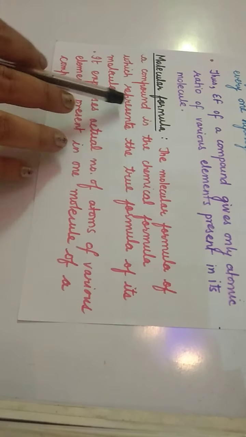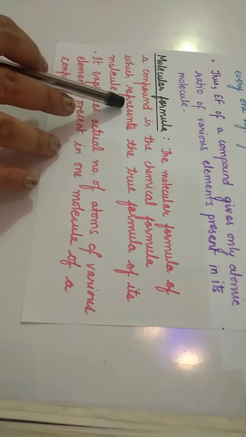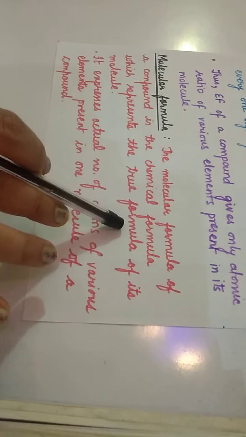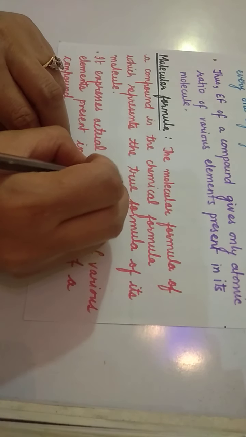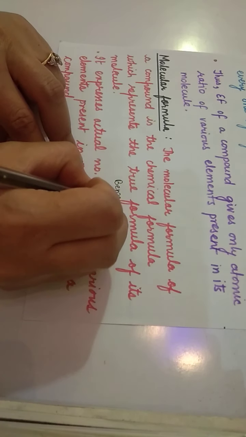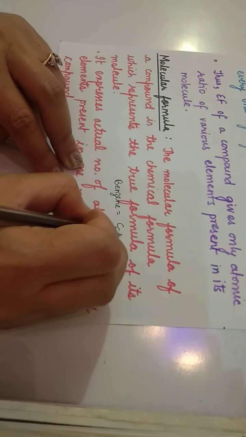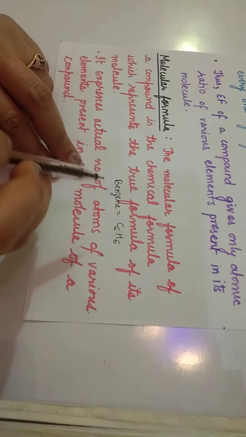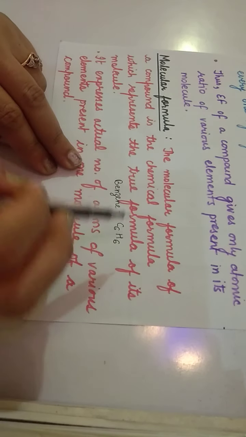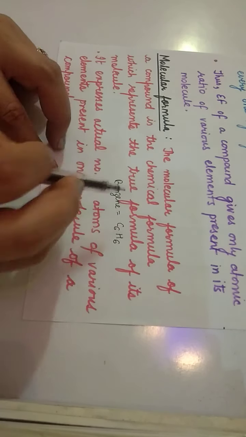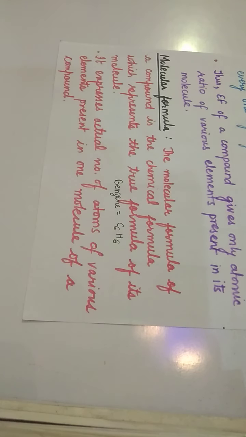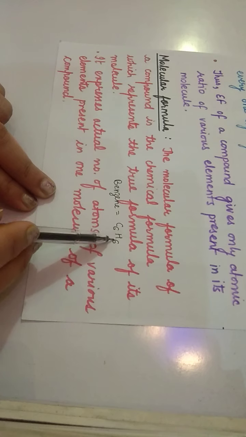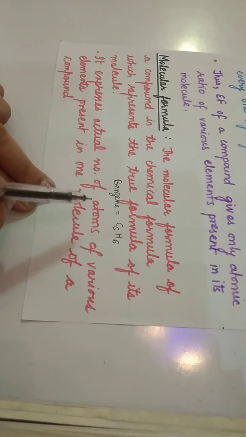So the molecular formula of a compound is a chemical formula which represents the true formula of its molecule. Like for benzene, children, the empirical formula is CH. The molecular formula is C6H6. That is, the molecular formula gives you the exact or the true formula of a molecule, and it gives you the actual number of atoms of any element.